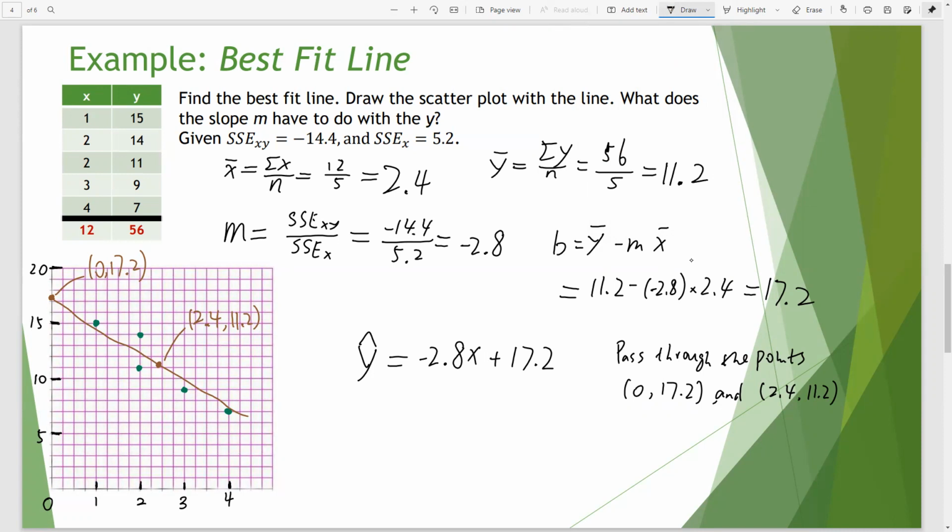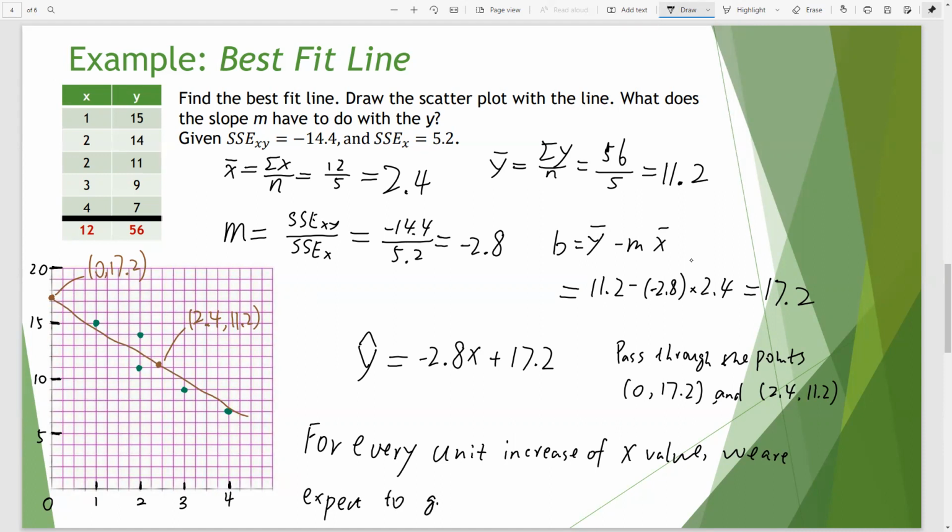What does the slope mean, right? For every unit increase of x value, we expect to get y value decreased, in this case, the slope is negative 2.8, right?